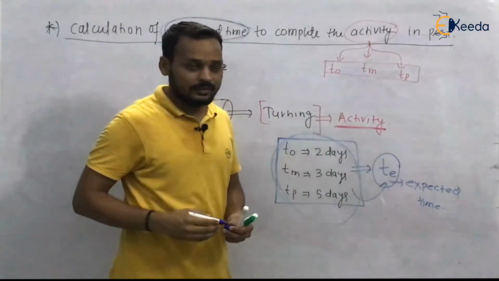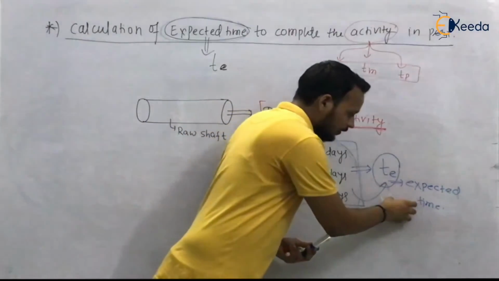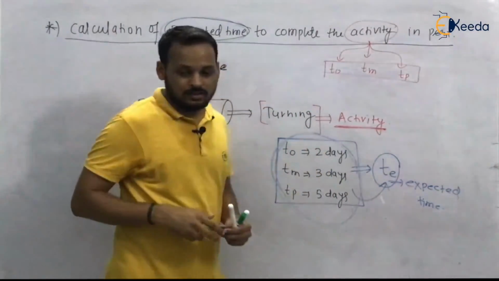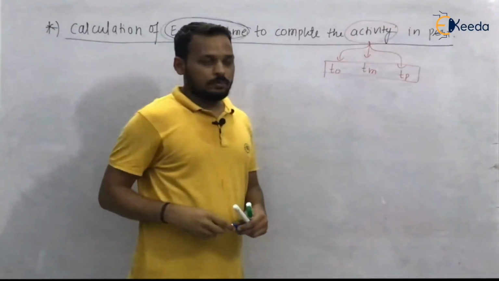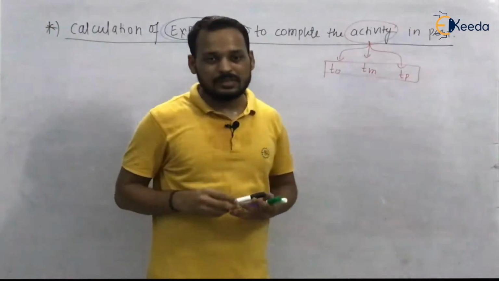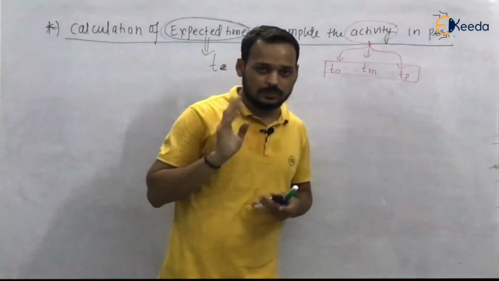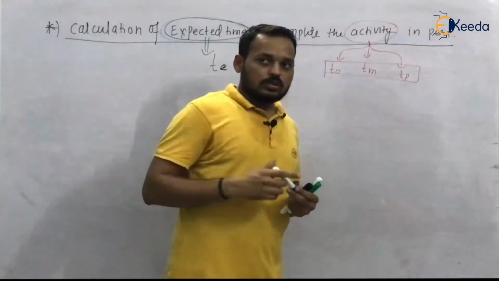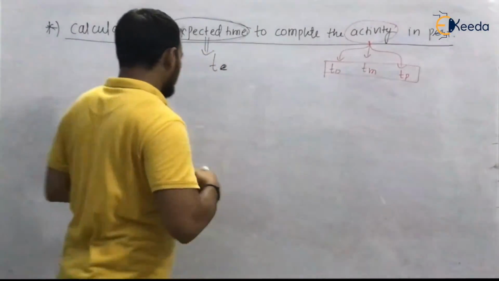So how to calculate the expected time from the given optimistic, most likely and pessimistic times? To convert these three times into a single expected time, a distribution is given, known as the beta distribution curve.